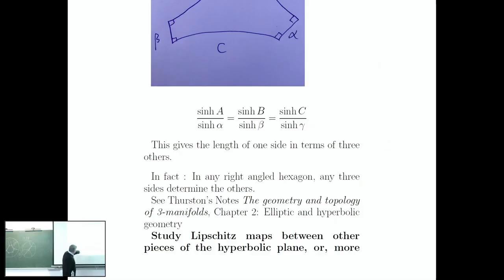This is why I put this in boldface here. Study Lipschitz maps between right-angled hexagons. In fact, I did it with my co-authors. I will give you the reference. But also study maps between other pieces of hyperbolic surfaces.